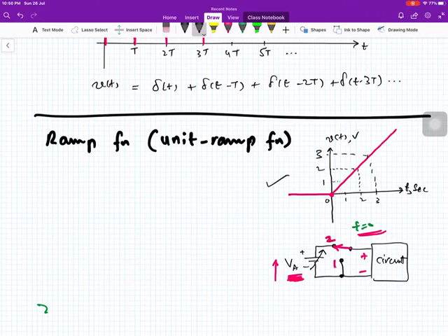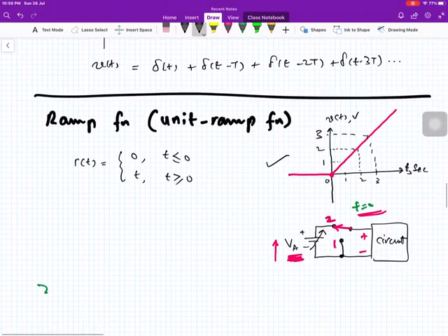Now the mathematical definition of a ramp signal: we use the letter R to represent it. The ramp signal is 0 for t less than or equal to 0, and it is equal to t when t is greater than or equal to 0. This is a unit ramp signal. Unit ramp signal means it is t.